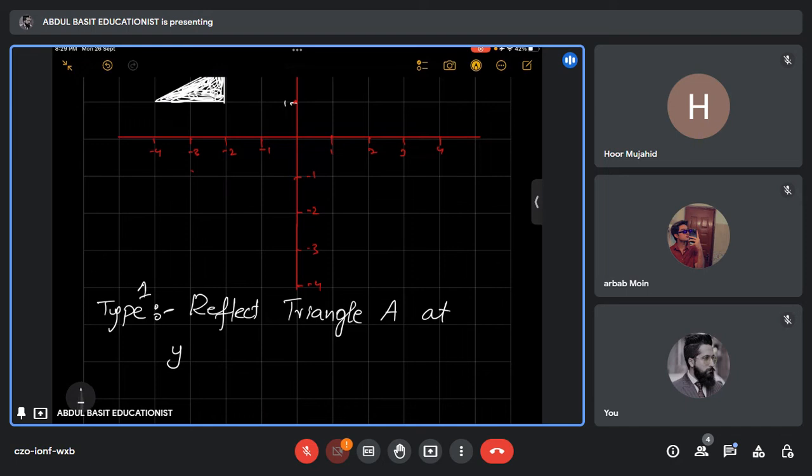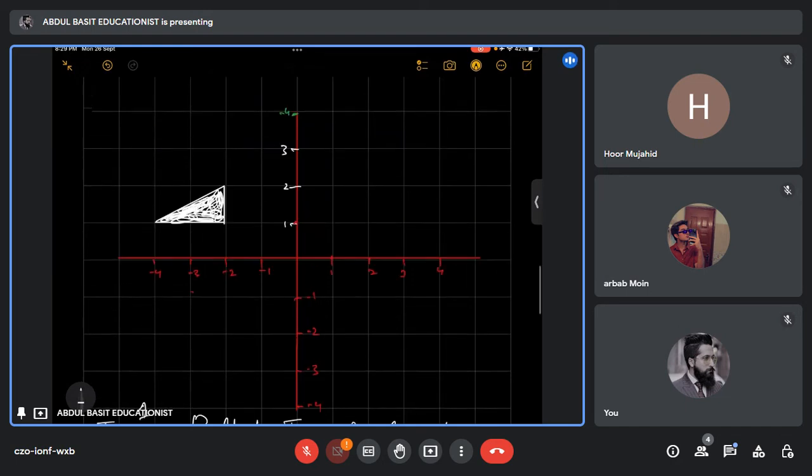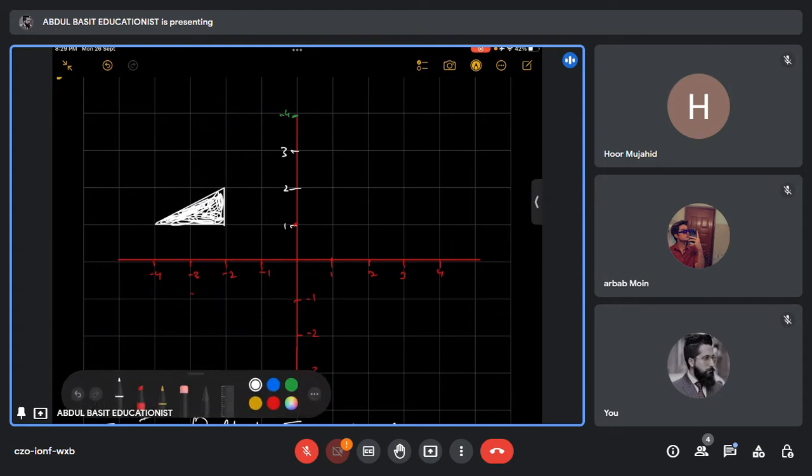At y equals -1. This is my equation of the line. So y equals -1 would be somewhere here like that.